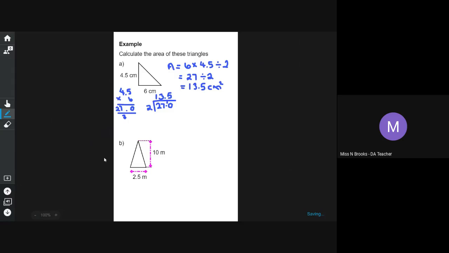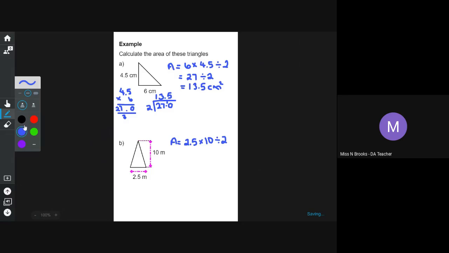So, same process for this triangle here. We've got the base and we've got the height, the perpendicular height. So A is going to equal the bottom multiplied by the height, and then we're going to divide that by 2.